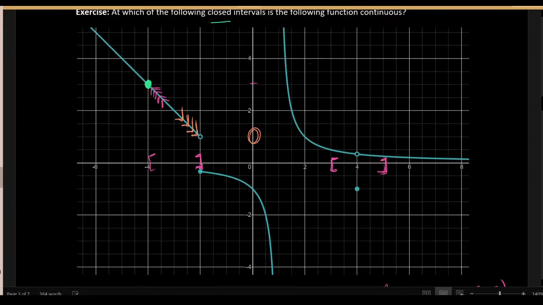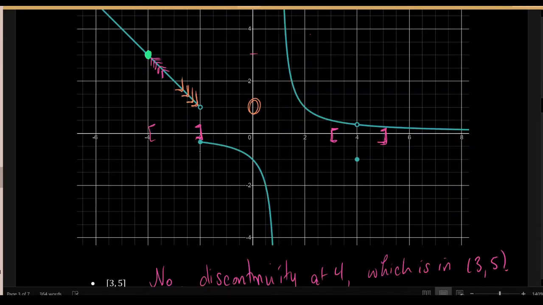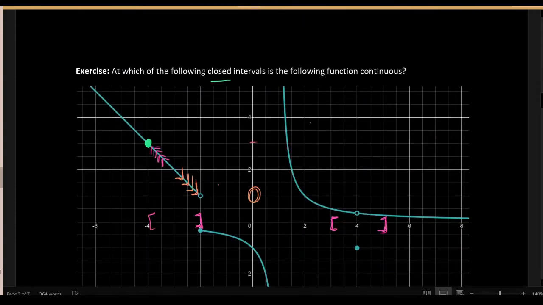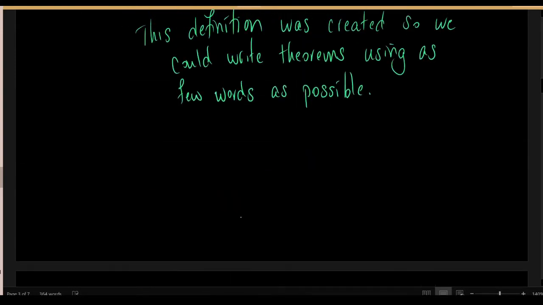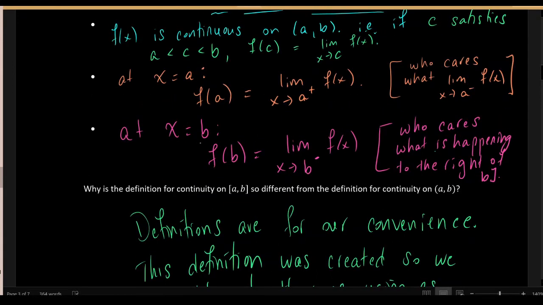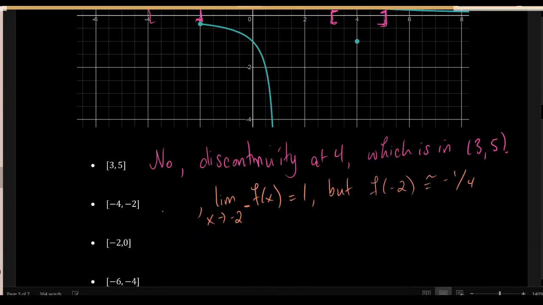However, there is a hole in the graph right here at -2, and the actual filled dot, the value of the actual function, is down here somewhere, -1/4 or something like that. So there is a discrepancy between the value of the function at the right endpoint and the limit of the function as we approach that endpoint from the inside of the interval. As a result, the function is not continuous on the closed interval from -4 to -2.